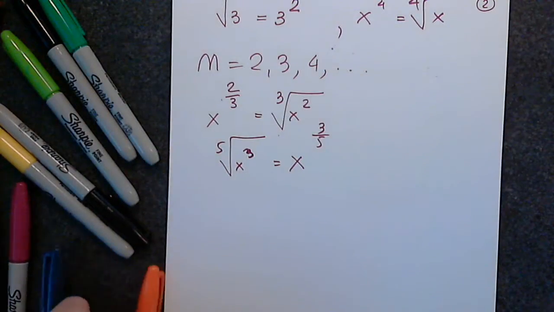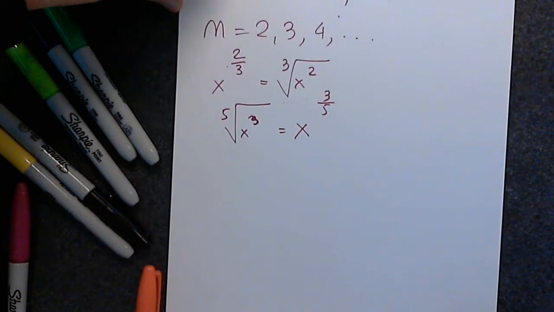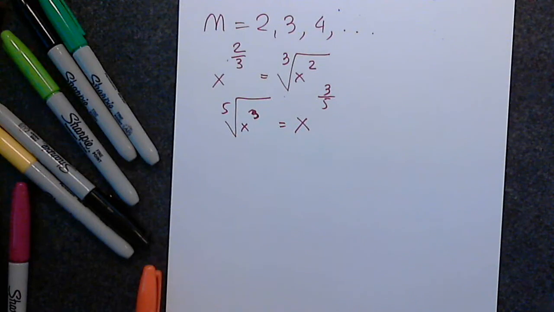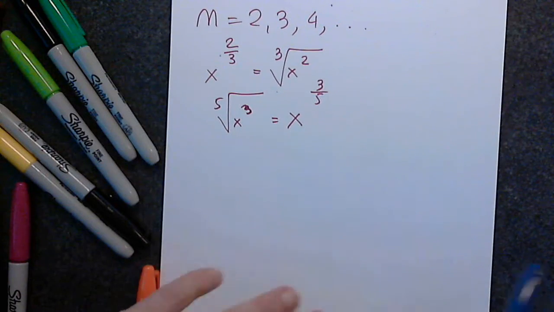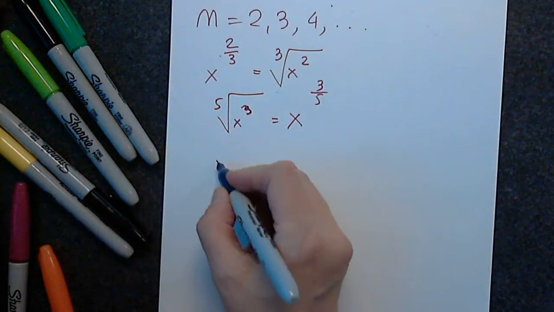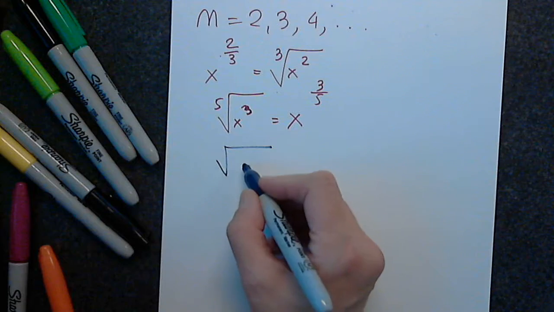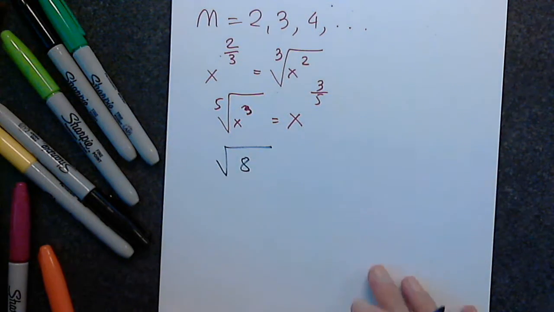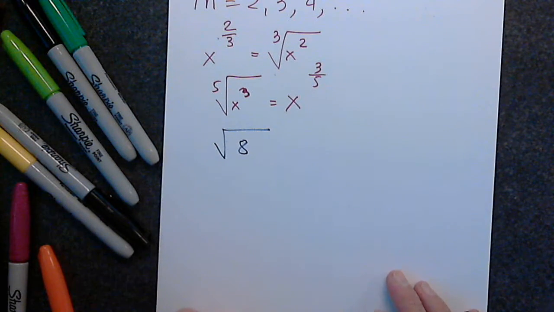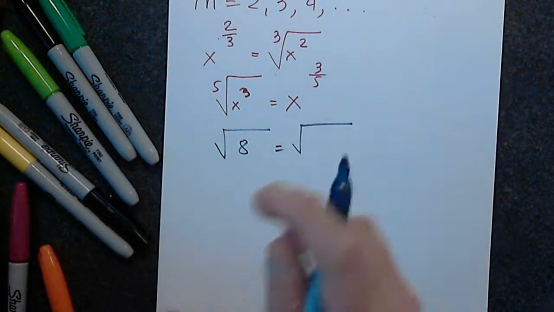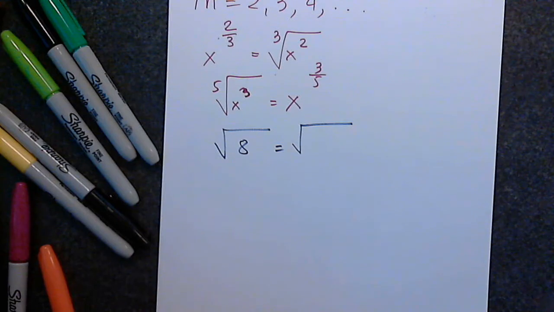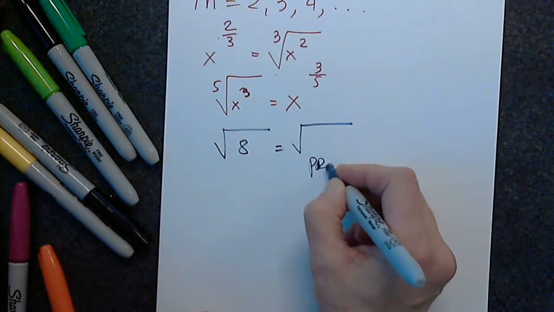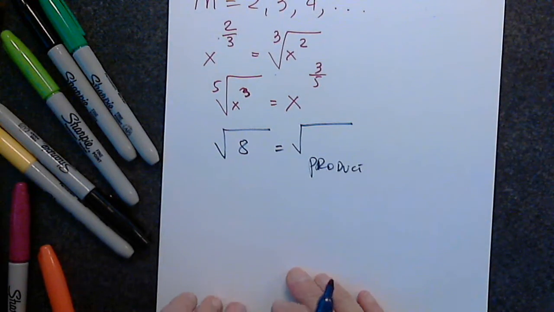So knowing this, I would like us now to see how, if you remember, we simplify radicals. So let's suppose I have the square root of 8. 8 is not a perfect square. But I know that I can present it as a product, not sum, of two numbers, one of them being a perfect square, the other one not.